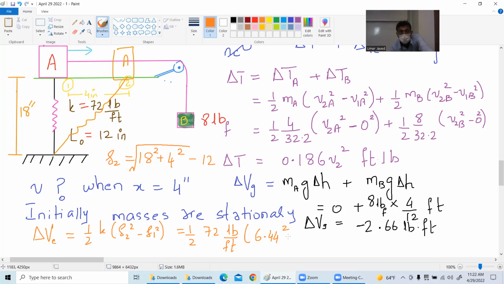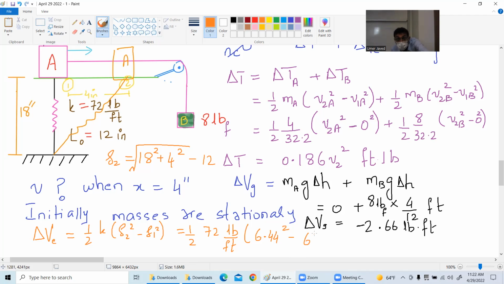Yes, please. His lengths are in inches and not feet. So we will have to divide it first. Good, but I will divide it later. So good remark. Excellent. Minus, I suppose, 18 minus 12, which is 6. How did he figure that? Because 18 is the stretched length, L naught is 12.